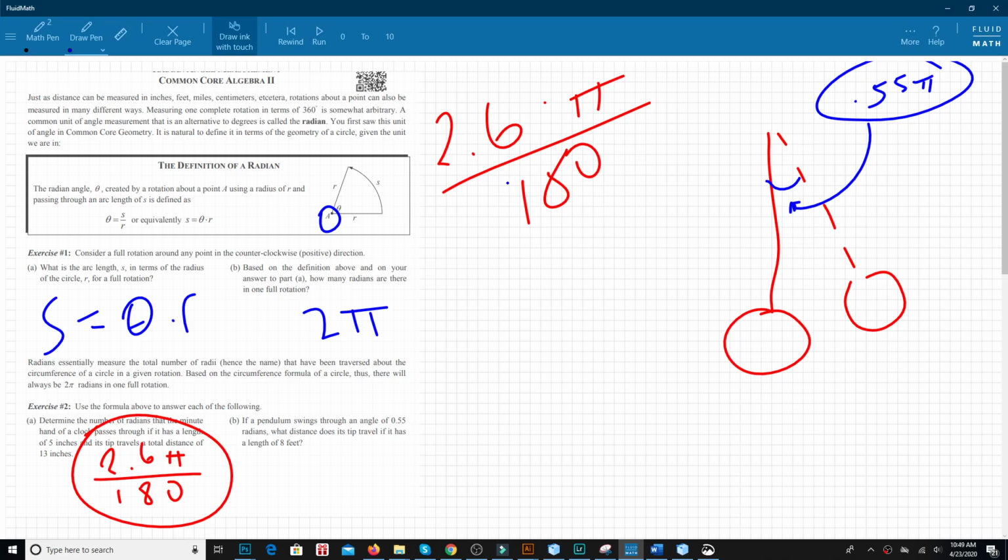So in this case, they give me the conversion. It says if a pendulum swings at a point, what is the distance? They're telling me that the radius right here is equal to 8 feet.